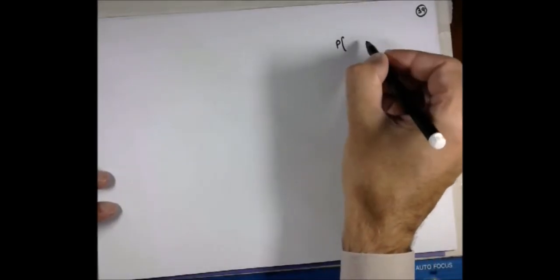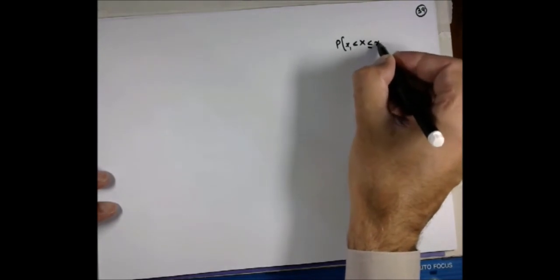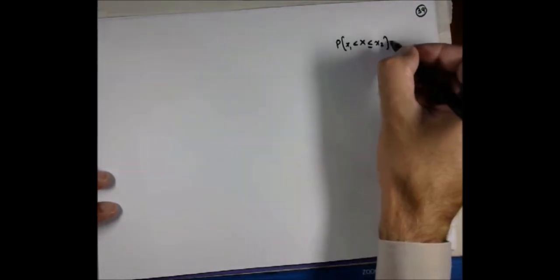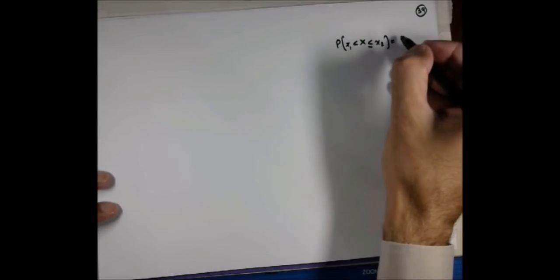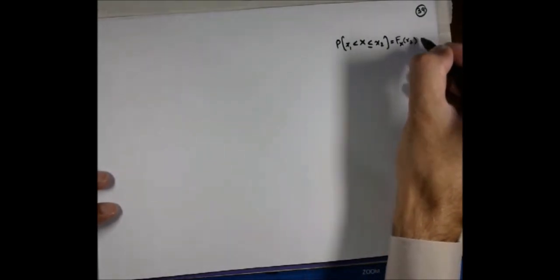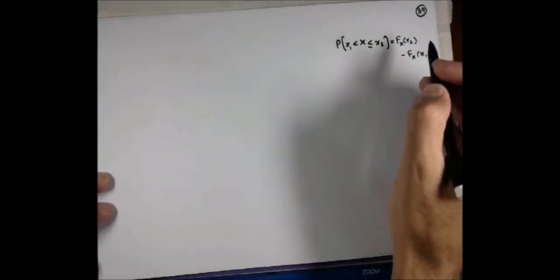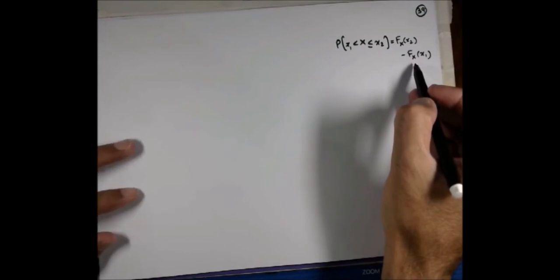If you recall my last lecture, I told you that the probability of an interval between x1 and x2 for a continuous random variable can be obtained by utilizing this expression: the CDF at the higher point minus the CDF at the lower point.